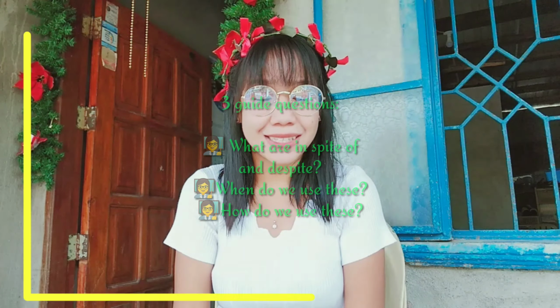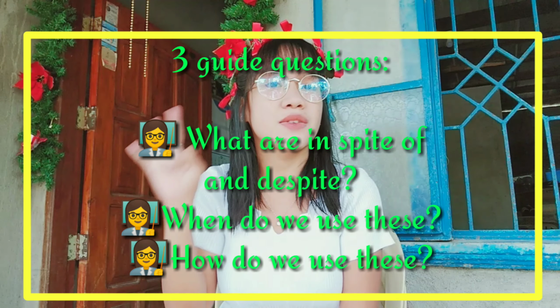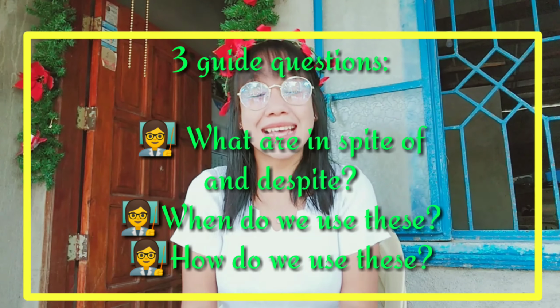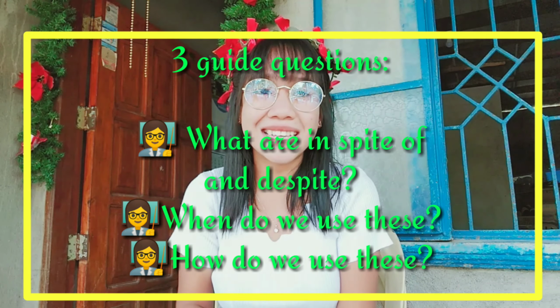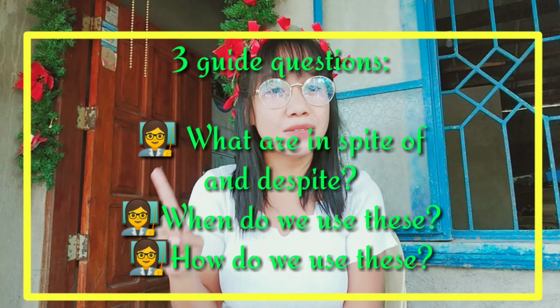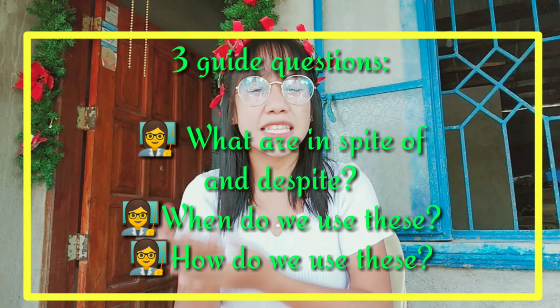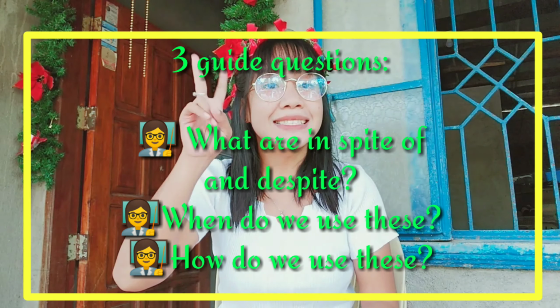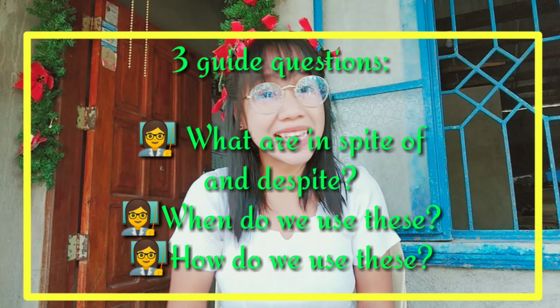So in this video lesson, there are 3 guide questions that we have to answer. It is a way for us to systematically understand and comprehend this topic. First guide question that we have to answer is, what are in spite of and despite? Second question that we have to answer is, when do we use these words?